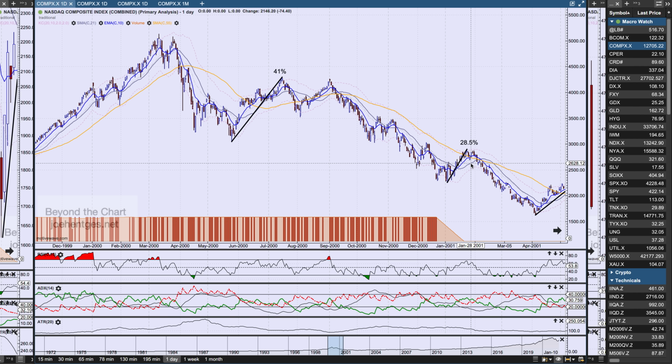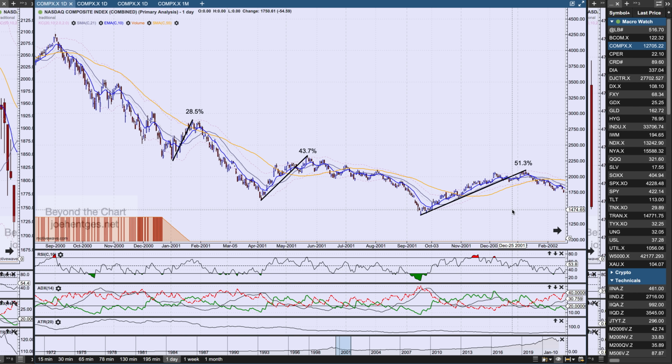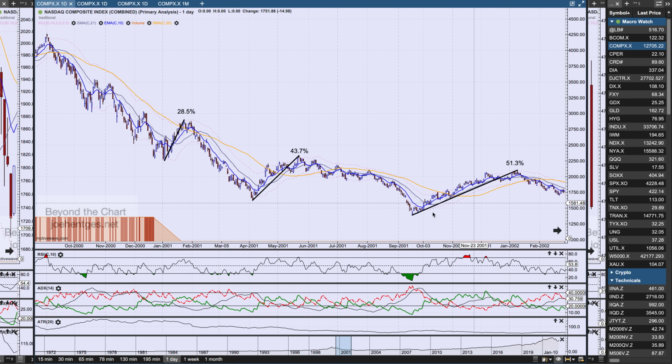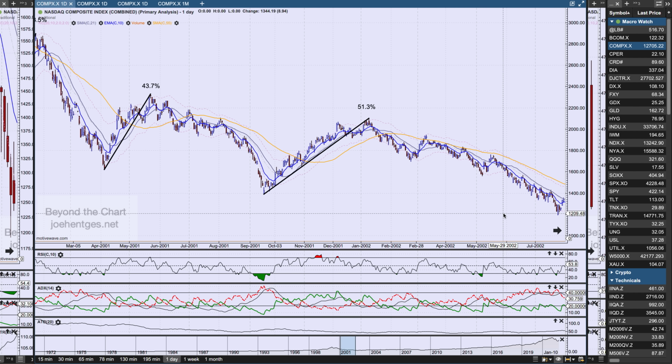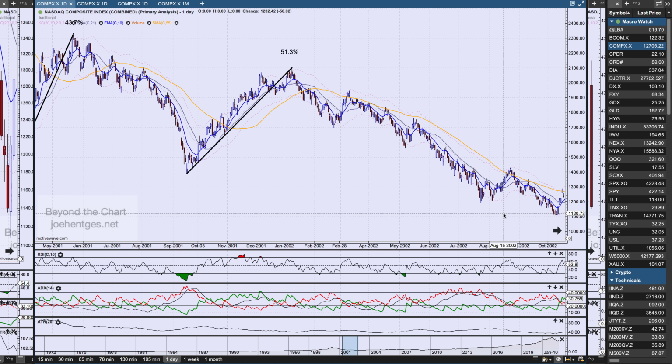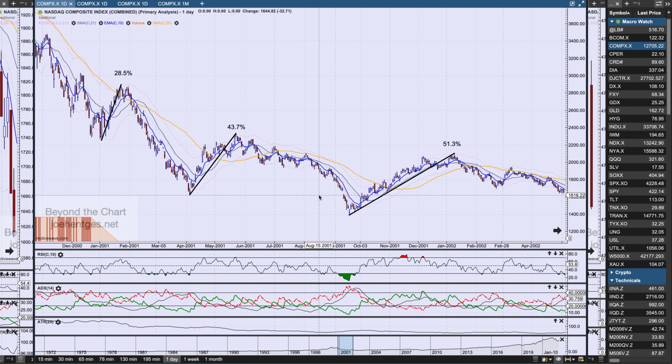Here's another 28.5%, and I'm not catching everything. This looked like a pretty good retracement of this move down here. Here's another 43.7% move off of the April 2001 low. And then here's a 51.3% move off the September 2001 low. And then eventually the market finally bottomed at the end of 2002. So those were just a few that jumped out at me.